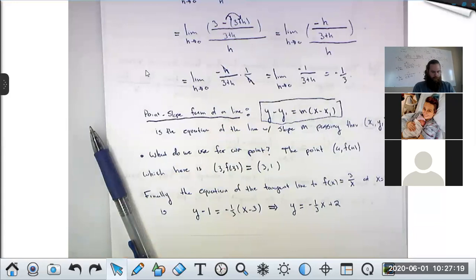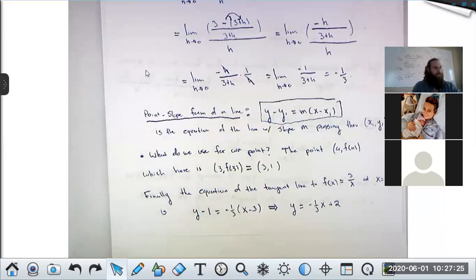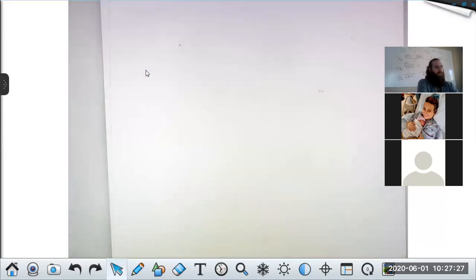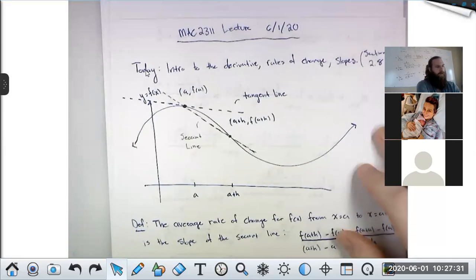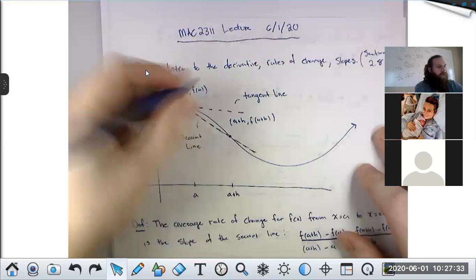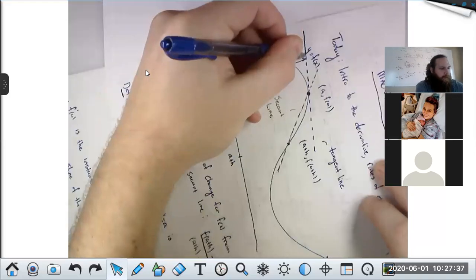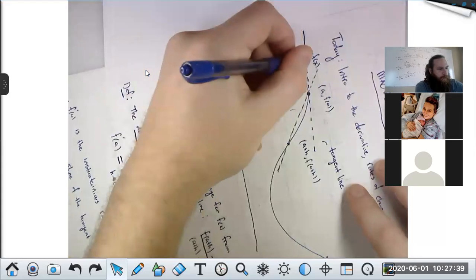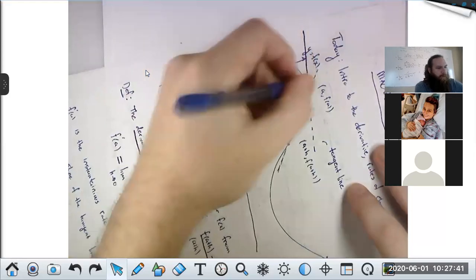So can you explain again how you got 3, 1 for the point? So if we look back here, one point that I know is on the tangent line is the point where it kisses the curve to which it is tangent.